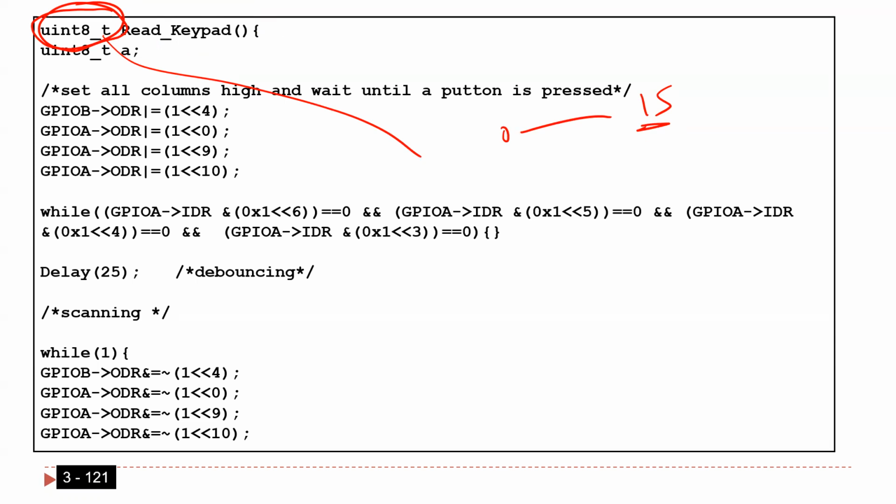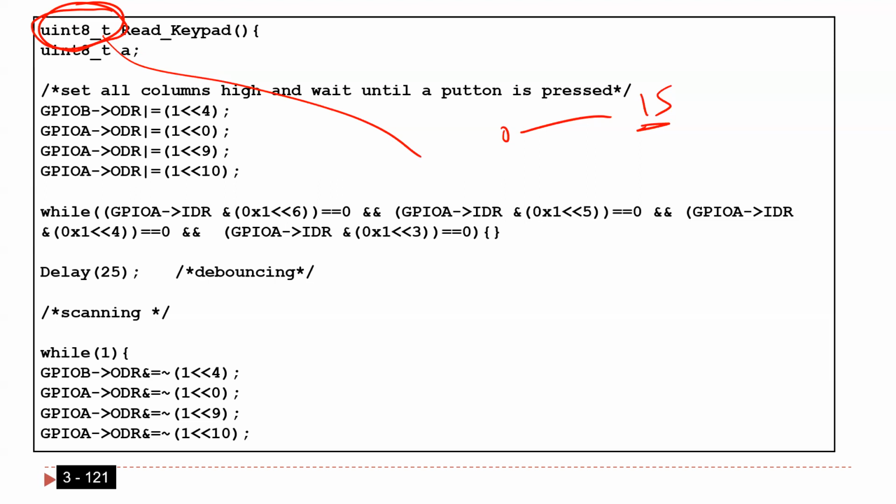Once you press, it's going to return the number between 0 and 15. This is the number of the key you are pressing here. That's it. Very easy. Any questions?